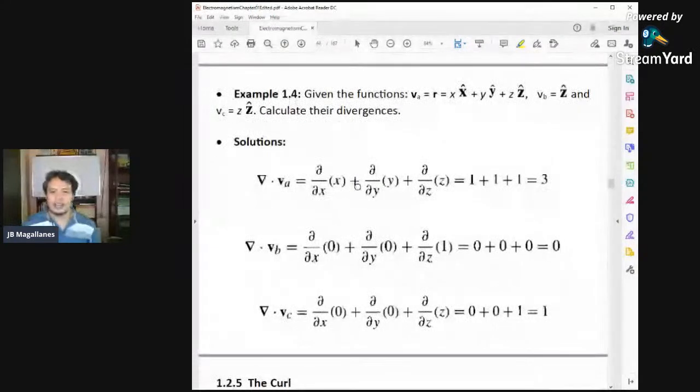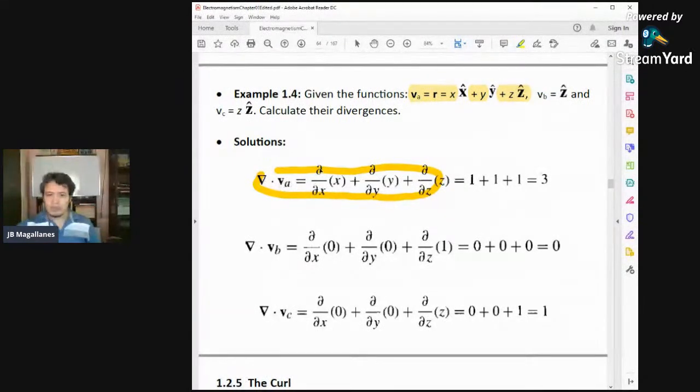So given some functions, for example, you have VA equals R, which is the position vector. You can get the divergence of this by doing this and doing that. The divergence of VA is the partial derivative with respect to x of this one, then y of that one, and z of this one.